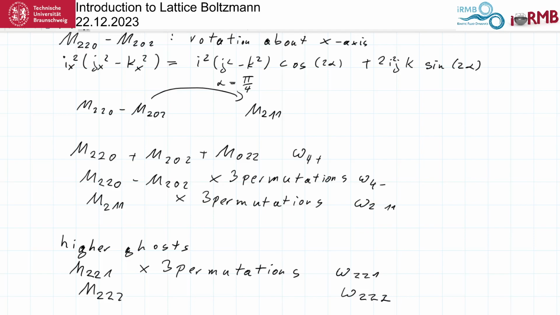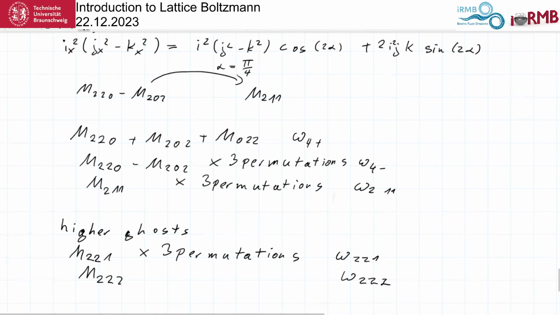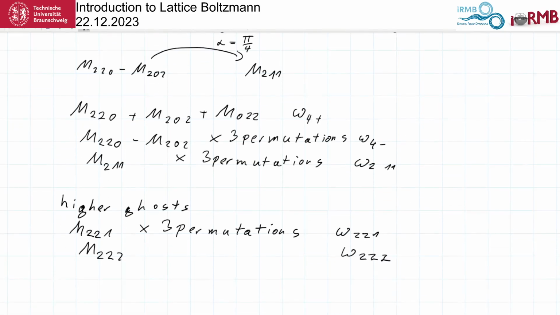Okay, so these are all our relaxation rates, and if I didn't make a mistake, they sum up to 10. So we'll have 10 different relaxation rates in this model. Okay, now we have identified how many different rates we have.